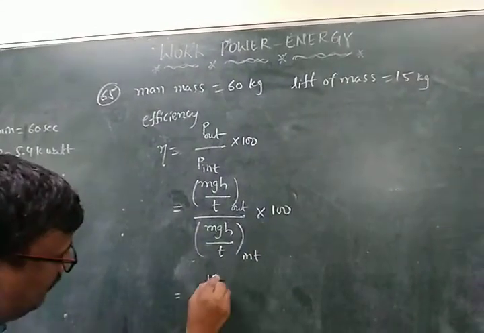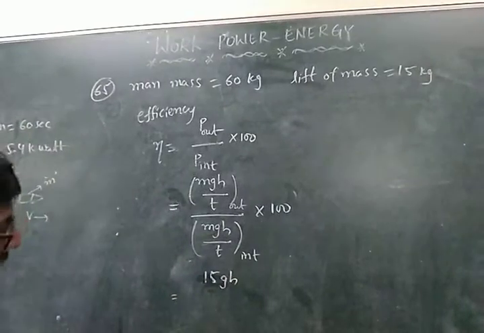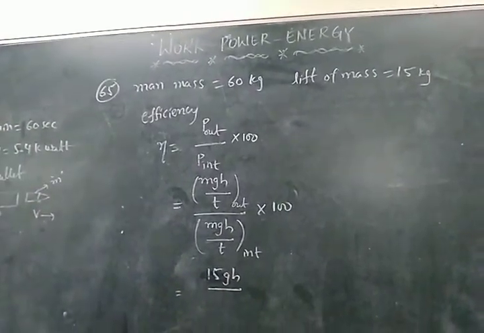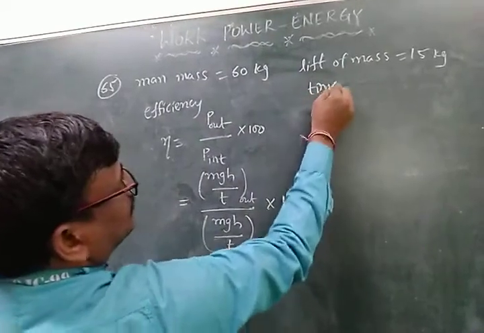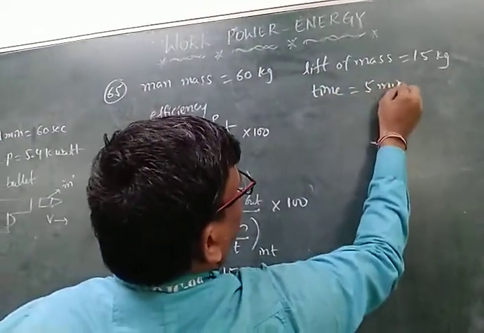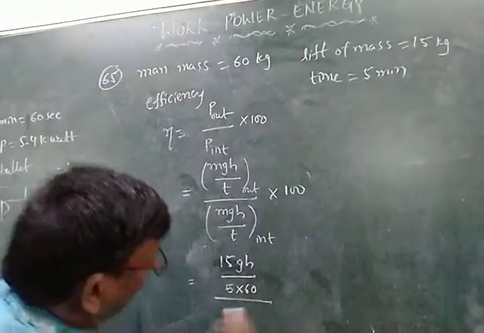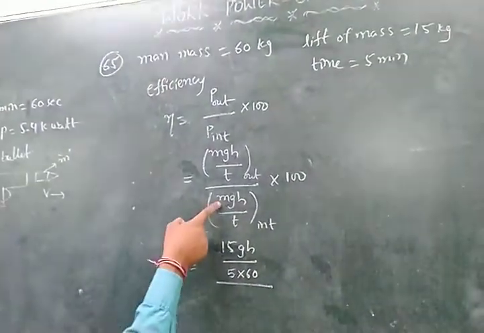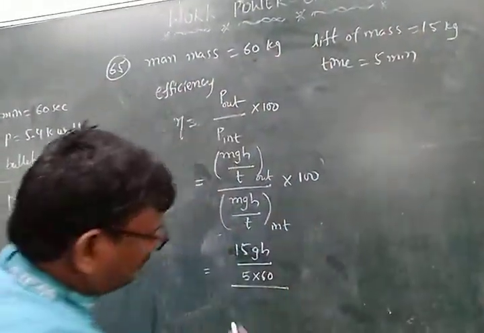See the output, how much is there? 15. Now we can write here 15 into g into h by time. Time how much is given? 5 minutes. Convert into seconds: 5 into 60, divided by the input, which means the total mass, man's mass and lift's mass.